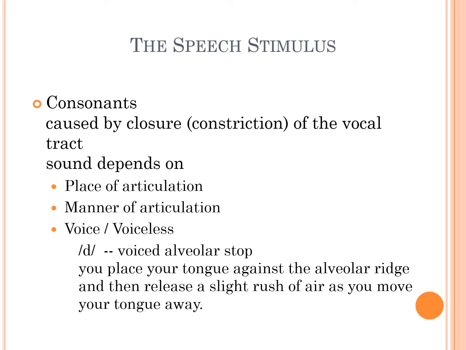The place of articulation, if I use the examples of b, p: b and p are bilabial. I'm putting my two lips together to create that sound. If we look at v, f, f as in fish, since sometimes we lose some of those higher frequency sounds, and s and f start to sound alike, but f as in fish, those are labiodental.